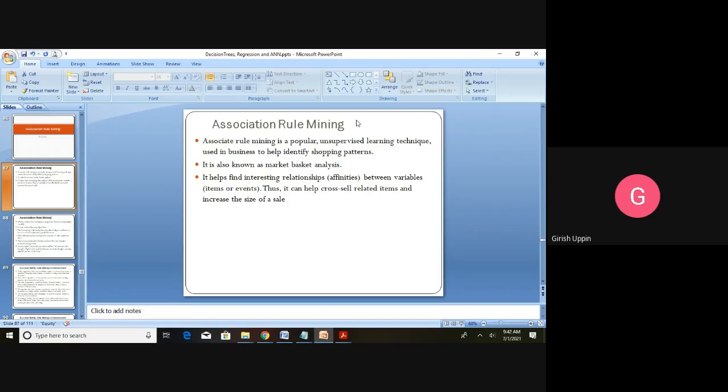From the market basket, we will come to know what kind of products are being purchased by customers of various age groups, different locations, and demographics. Based on all this, we can have a huge amount of data. On that data, we can do the mining to find any association rules.